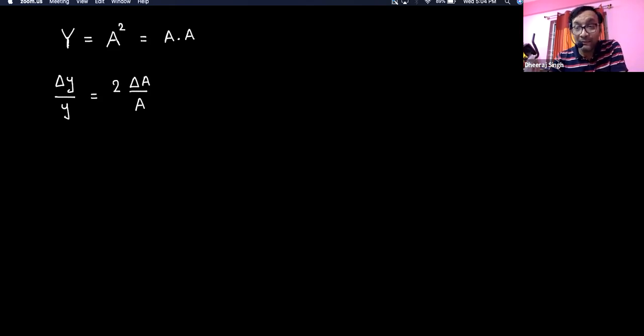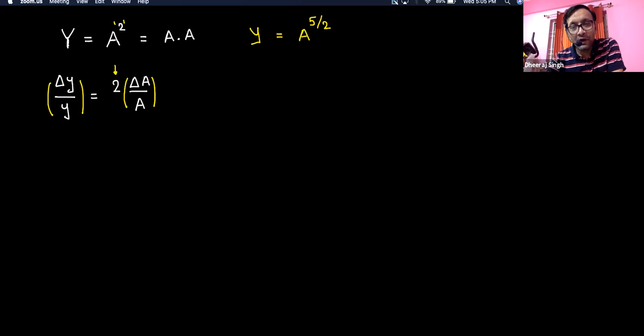So if it is an exponent, the exponent comes in front when you calculate the relative errors. And not just if the exponent is an integer. Even in this case, where y is equal to a to the power 5 by 2, you haven't learned the binomial theorem.